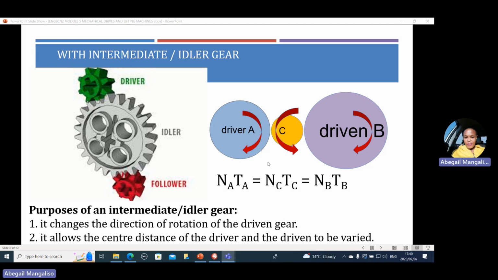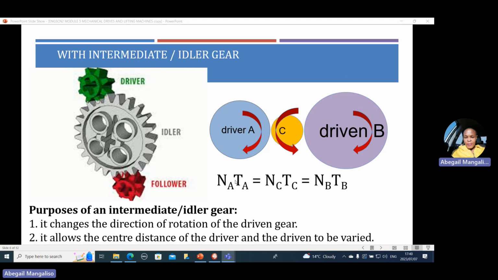Now the formula. Since the slip is minimal in gears, the velocity of this gear will be equal to this one, since this is in mesh with this, and also the velocity of this one will be equal to this one. The velocity is given by the number of revolutions multiplied by the number of teeth.